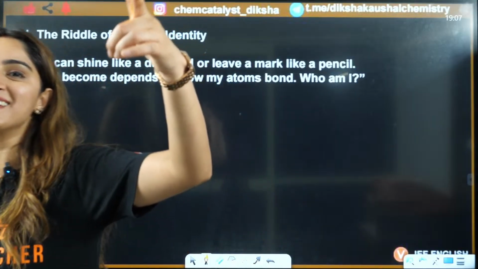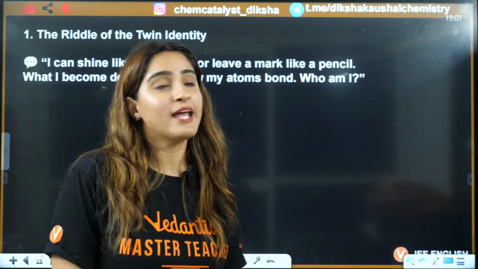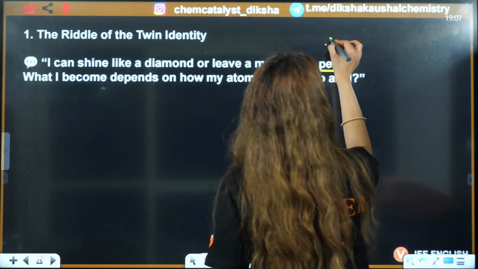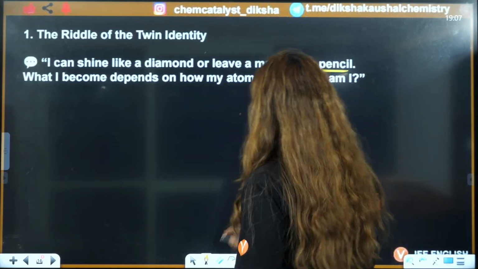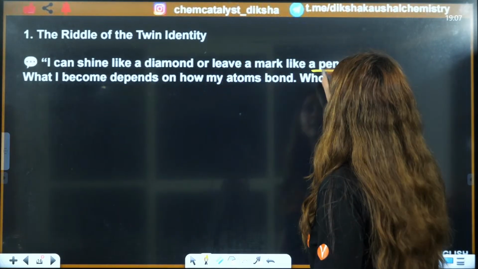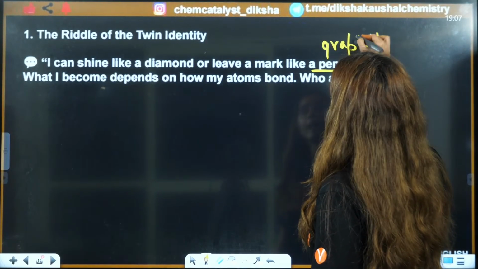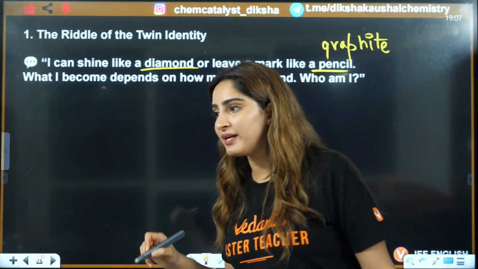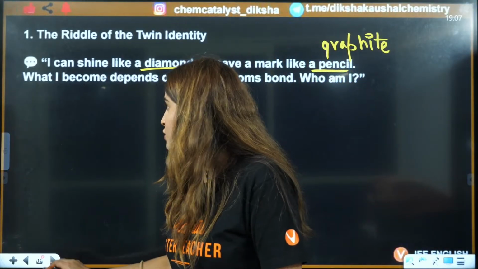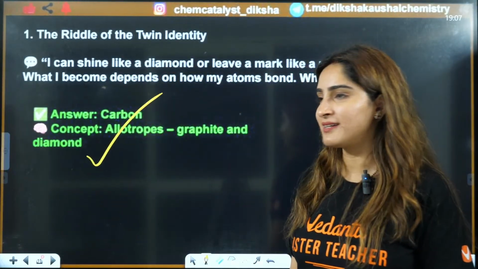That element is carbon in its graphite form. It is used as pencil, right? In its diamond form, it is used as diamond, right? So two things it has. So the answer is carbon, right?